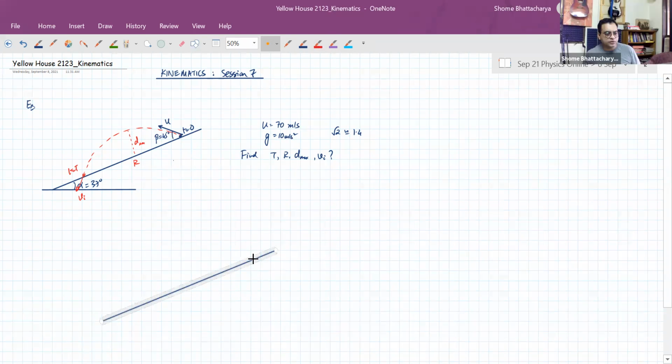So what we'll do is we'll take the direction down the inclined plane as our x-axis, and we'll take the direction perpendicular to the inclined plane like this as our y-axis.